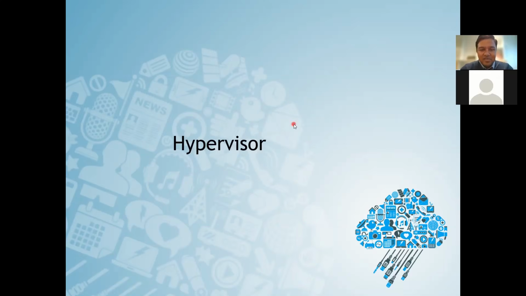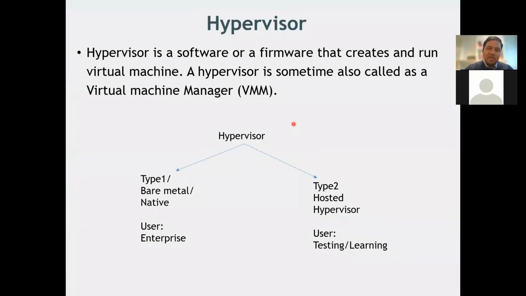So hypervisor. So what is a hypervisor? A hypervisor is basically a software, or you can call it a firmware. Firmware I might cover another day in the Friday lecture, if you are not aware of what a firmware is or the difference between software and firmware.